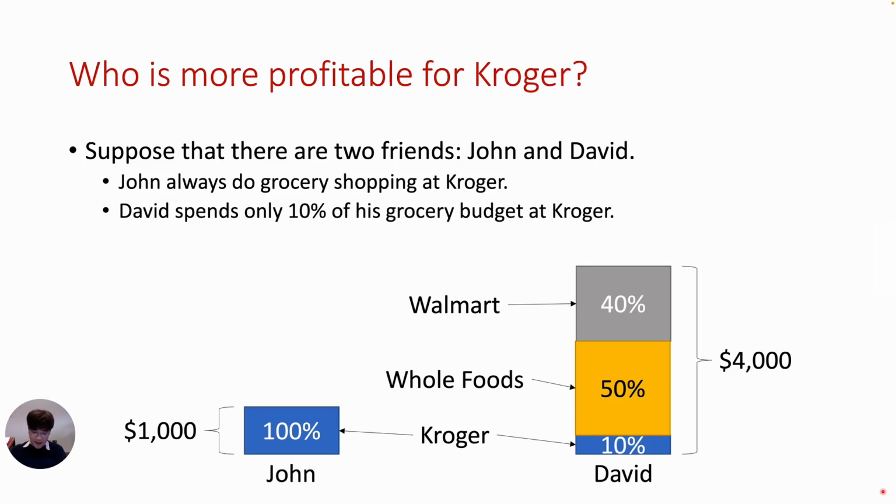That is, as in the figure, John has a smaller budget but spends all of it at Kroger, which equals $1,000. But David spends only $400, although he has a larger budget than John. So, for Kroger, we can say that John is more attractive than David.